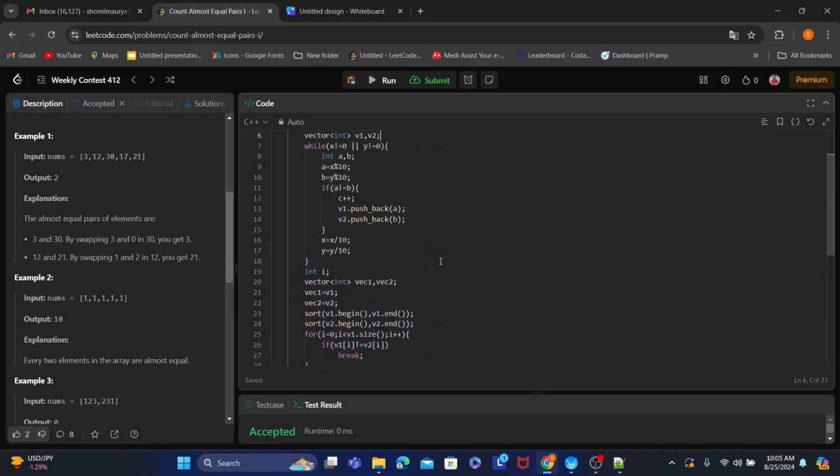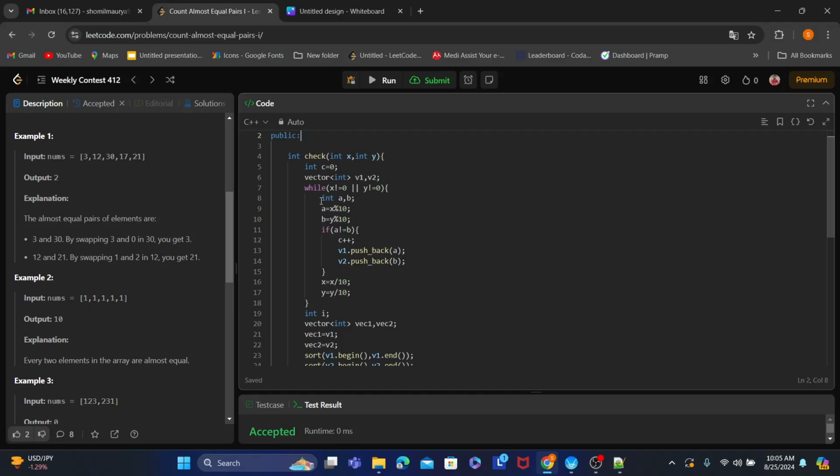What this check function contains is, it takes two numbers as input, and then it finds the number of digits. This is getting the digits of each number. Let's say A was 1 2 3 4 and B was 1 2 4 3.